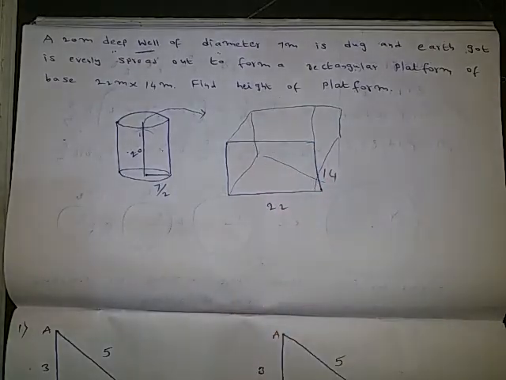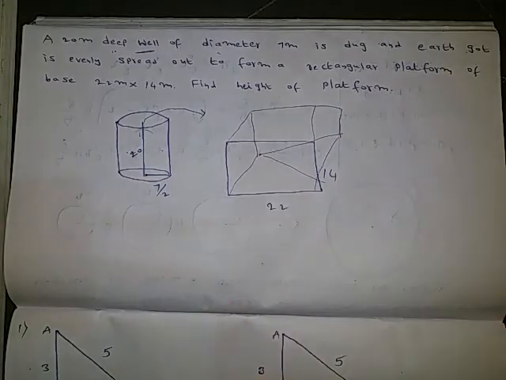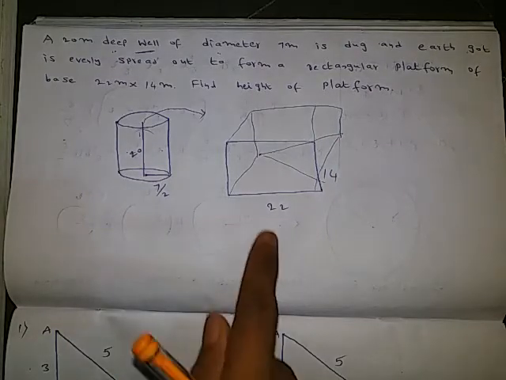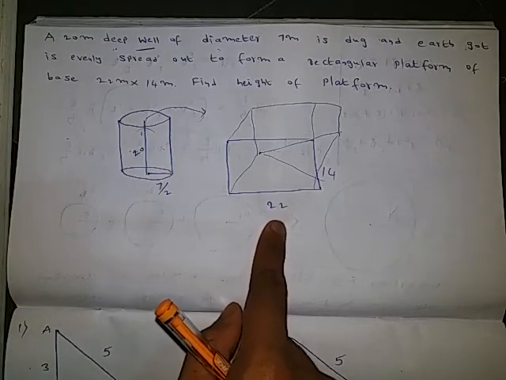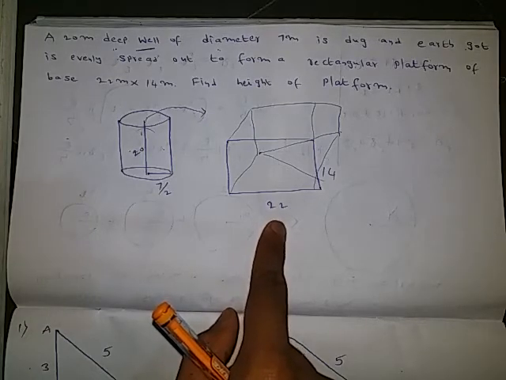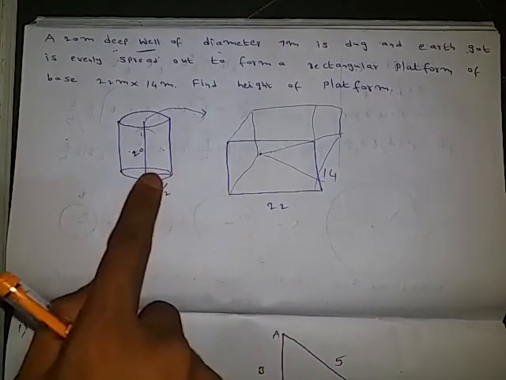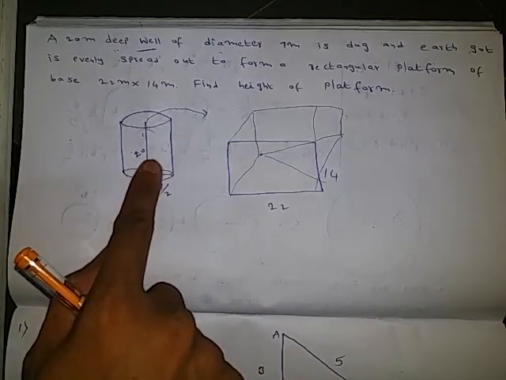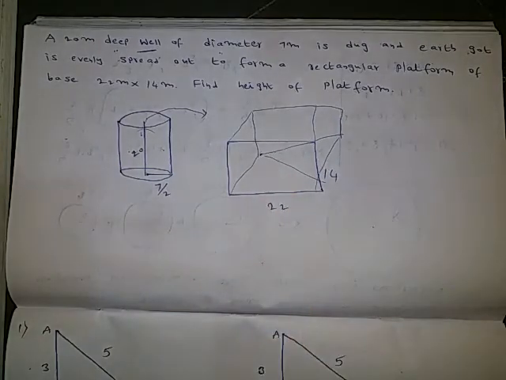So that height we need to find out, how much it increased. For any rectangular figure, if we increase the height, that rectangular platform will become a cuboid. It means the volume of the cylinder is equal to the volume of the cuboid.